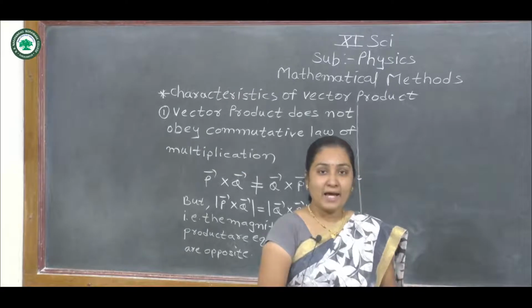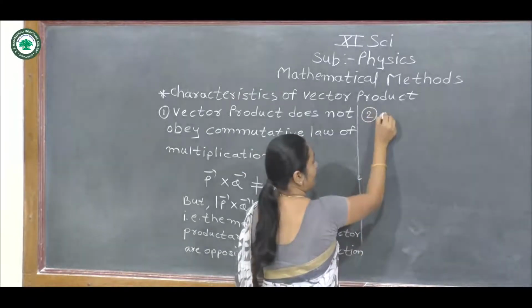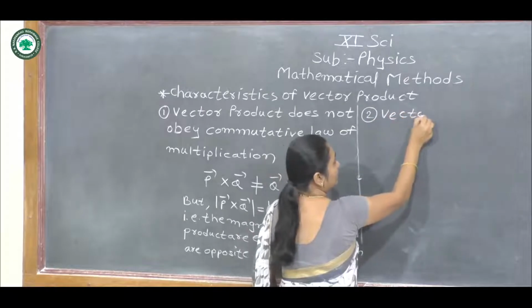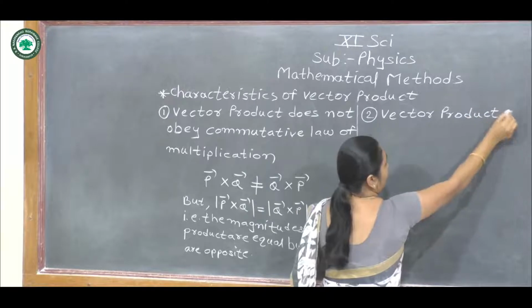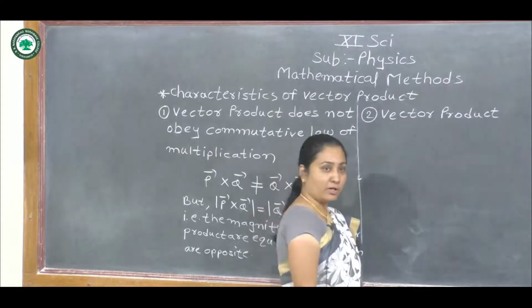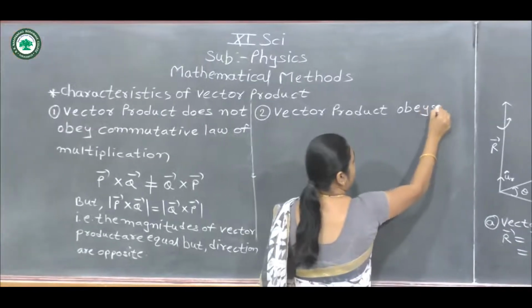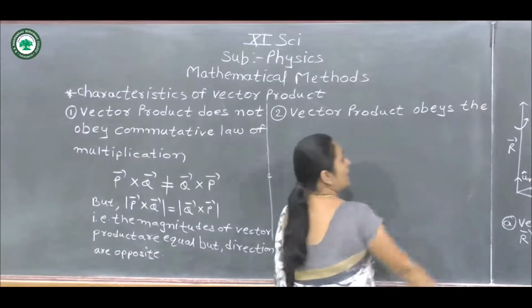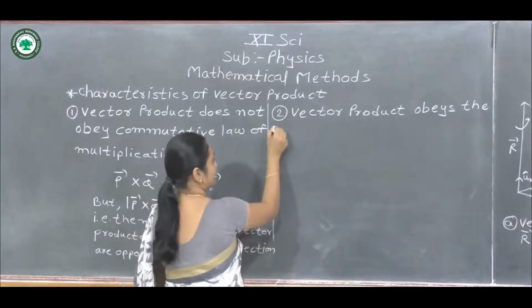Now the second characteristic of vector product is that vector product obeys the distributive law of multiplication.